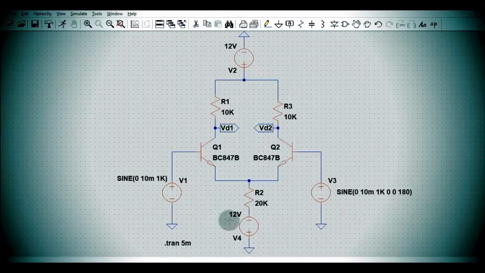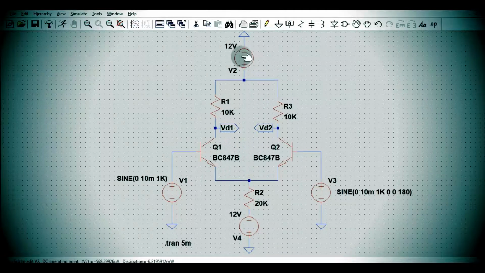The V4 minus terminal is connected to the resistance R2, and then to the emitter of both transistors Q1 and Q2. So I hope you understand the circuit flow.